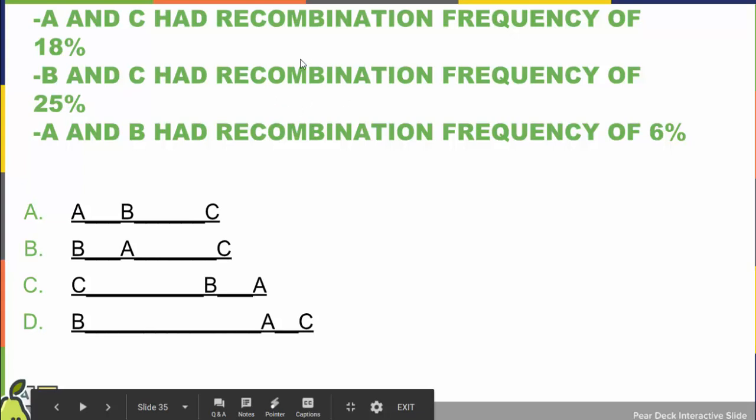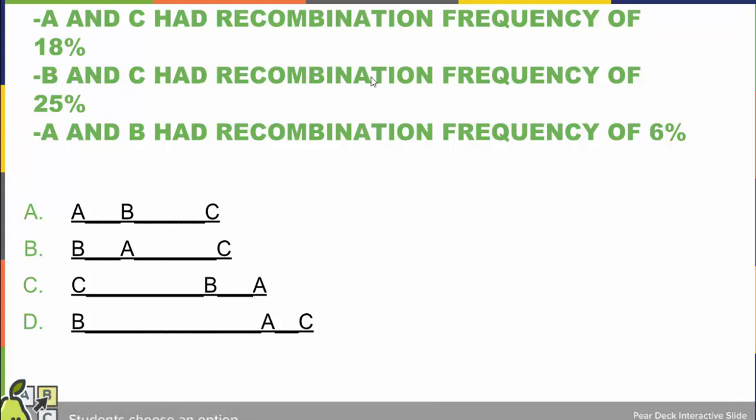So remember, recombination frequency is going to increase if the genes are far apart, and if the genes are very, very close together, it's going to decrease. So we can first look at which two should be the furthest apart. B and C had recombinations between them 25% of the time. That's the biggest number that we see here.